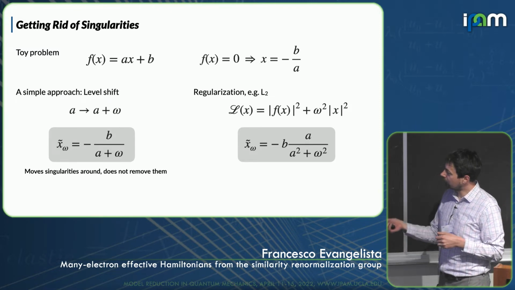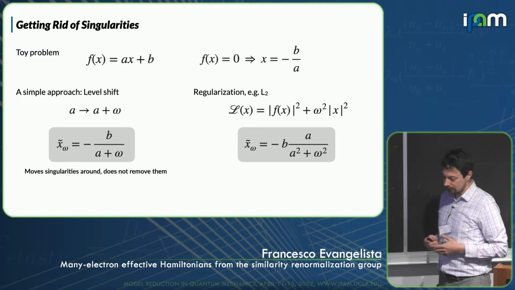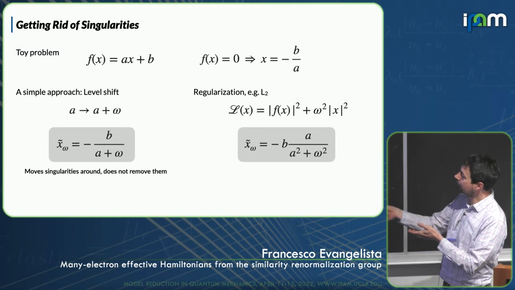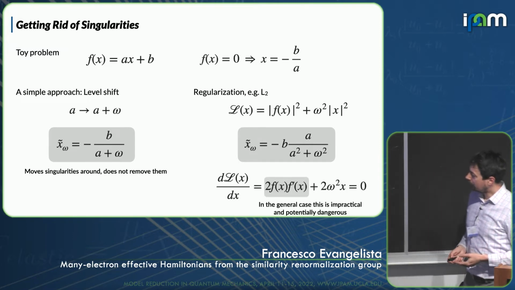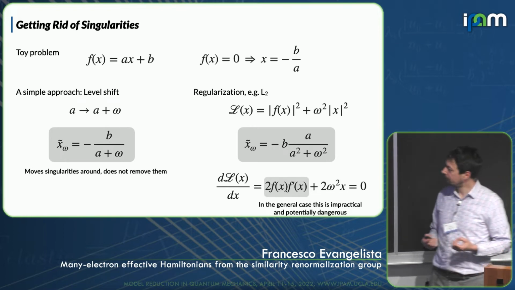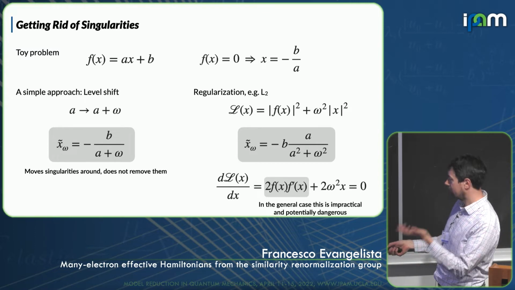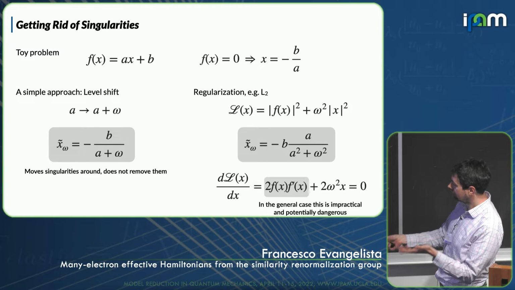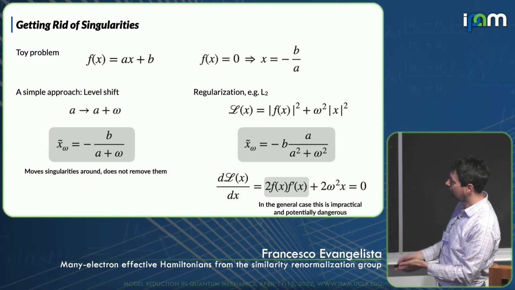And this is a sensible way to remove, at least in this linear equation, this issue. But if we try to do this for a more general type of problem, like here, then we have this kind of more complicated equation that we have to solve, where we have this function we're evaluating and its derivative. They're multiplied.